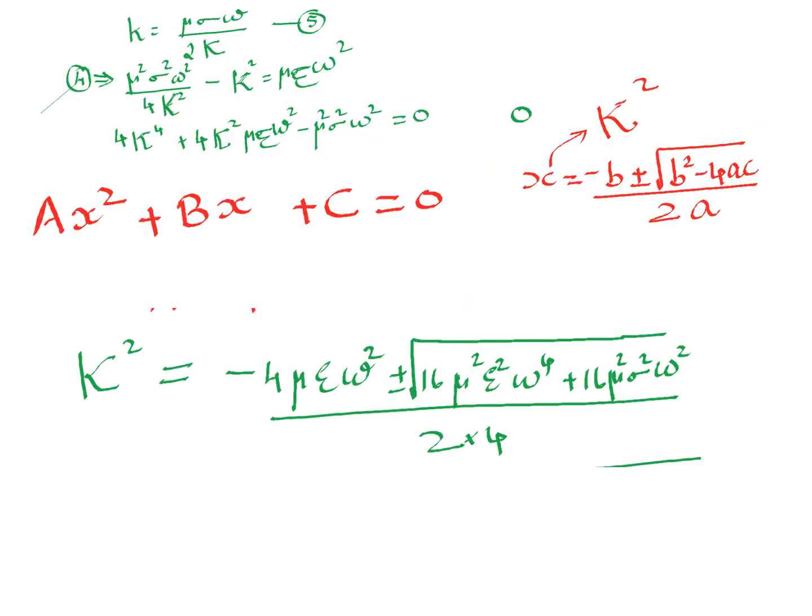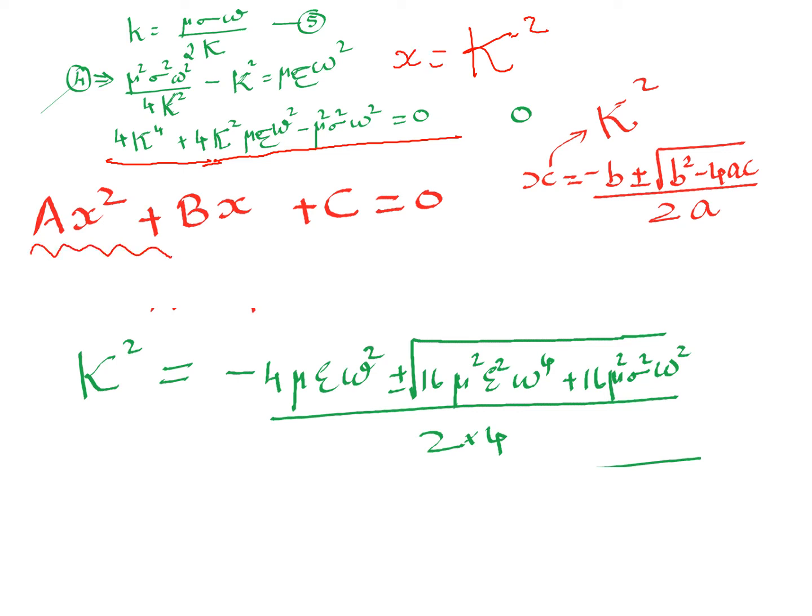Now that expression is 4 kappa to the power 4 plus 4 kappa square mu epsilon omega square minus mu square sigma square omega square equal to 0. This resembles a quadratic equation in kappa square. Here x equal to kappa square.